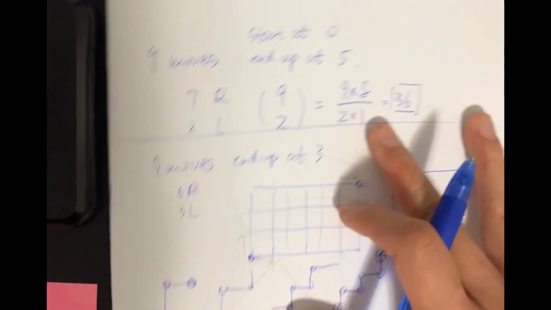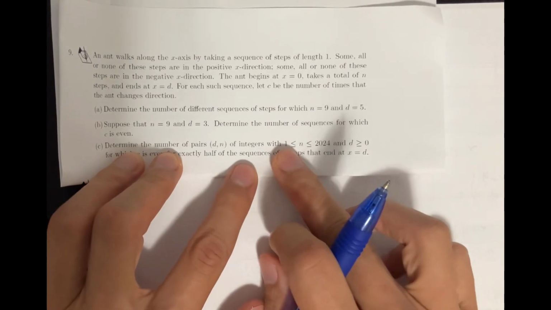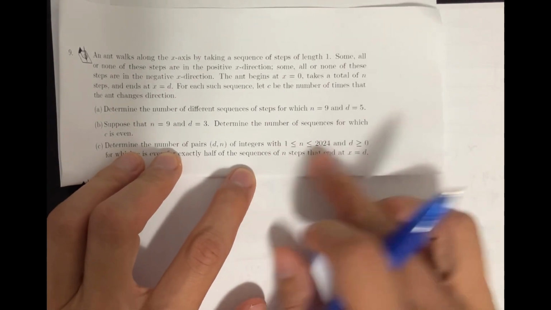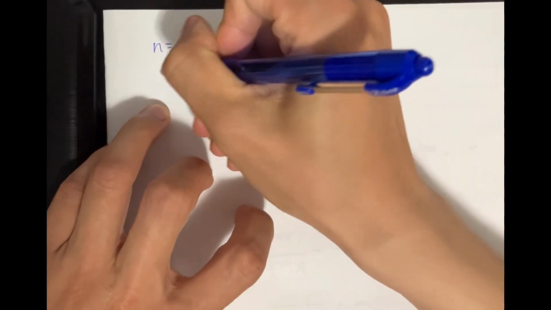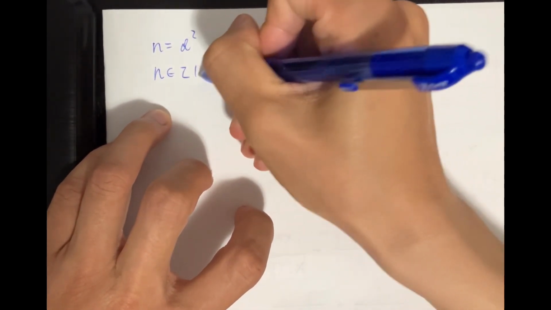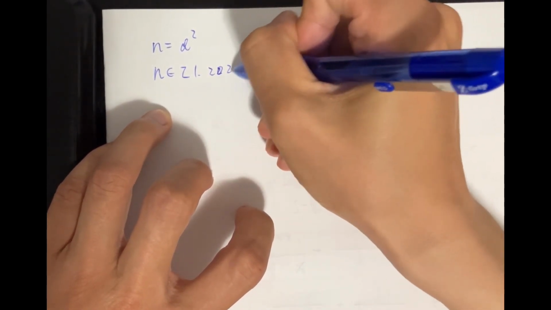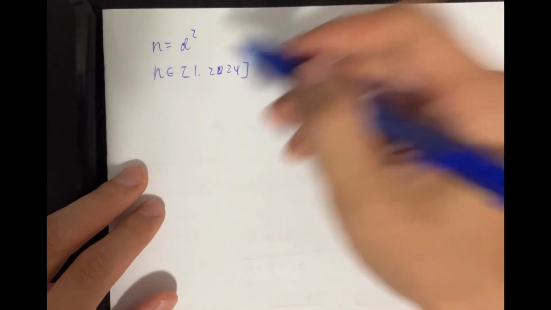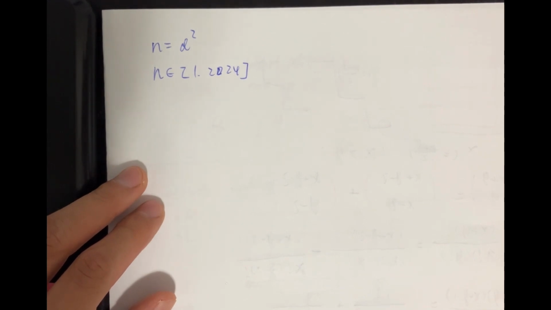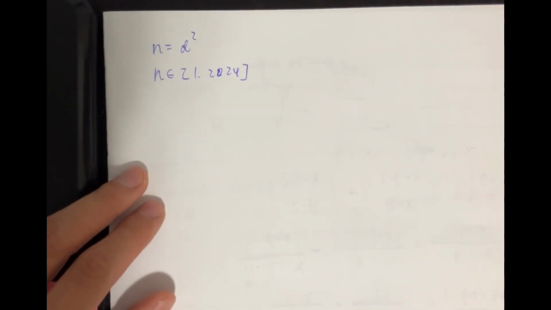And what else do we have? Let's see, we've got a range between 1 and 2024. So n is d squared and n is between 1 and 2024. Of course they are integers, so n is a perfect square. So what square is just below 2024?